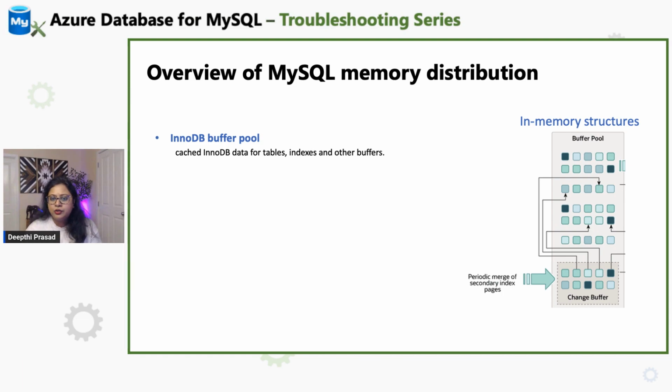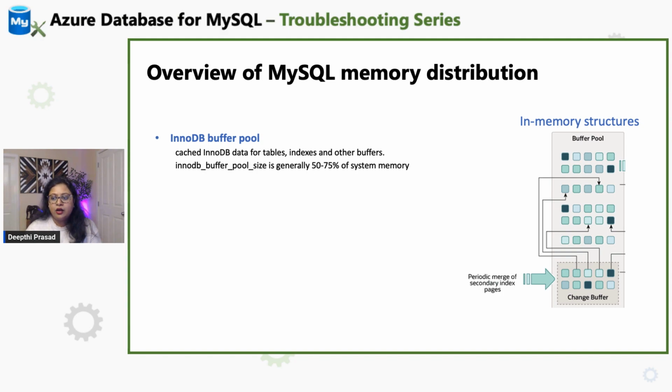A critical component of MySQL memory management is sizing this buffer pool. It's dictated by a system variable called innodb_buffer_pool_size. It's generally recommended that this value be set between 50 to 70% of the system memory. It can also be configured dynamically by the user based on how you want to tune your workloads.